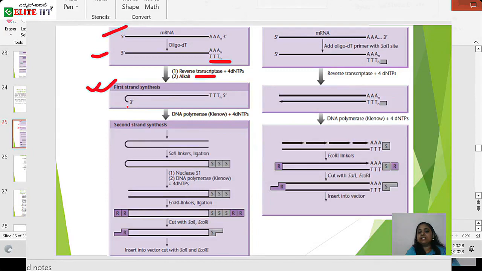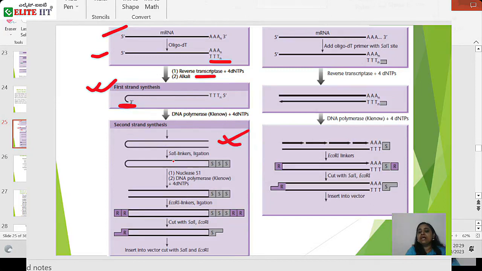Now the cDNA is making that hairpin loop structure. Whenever you add the DNA polymerase, you are not adding S1 nuclease in this case. If you add the polymerase, this type of double-stranded structure will be there, a full hairpin structure.